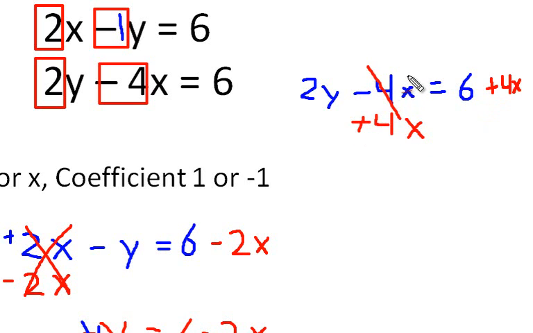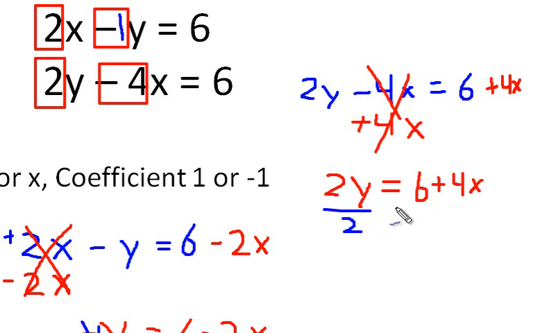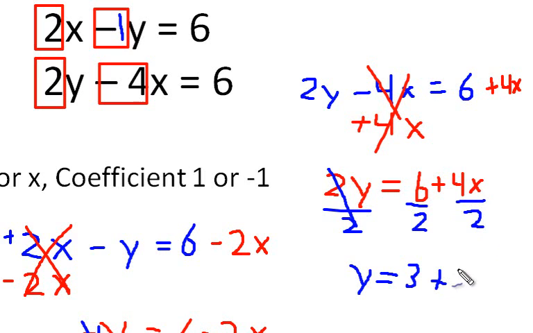Okay, that's going to cancel this term out. I'm left with 2y equals 6 plus 4x. Next step is to divide by 2. That will cancel out this 2, and I'm left with y equals 6 divided by 2 is 3 plus 4x divided by 2 will give me 2x.